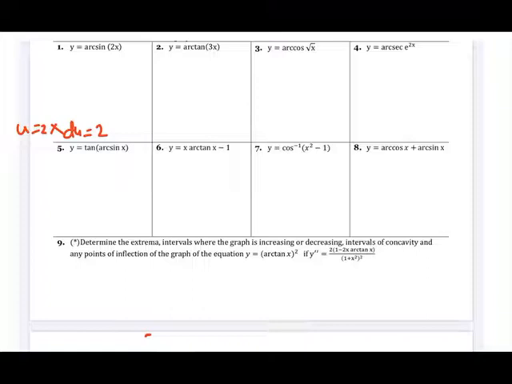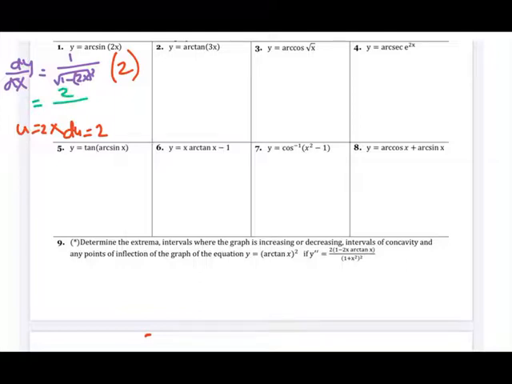So the derivative of arcsine is 1 over the square root of 1 minus 2x, in this case, quantity squared. And we're going to multiply that by the derivative of the inside of the function, which is 2. So this is going to become 2 over the square root of 1 minus 4x squared.